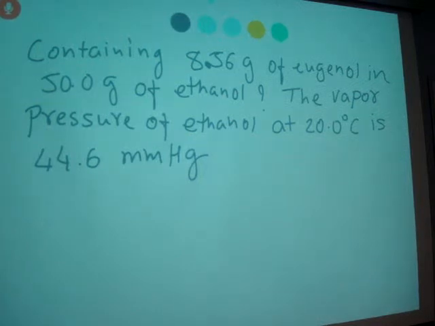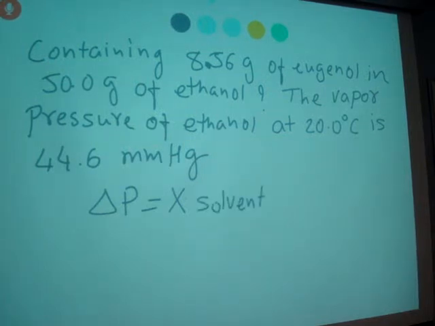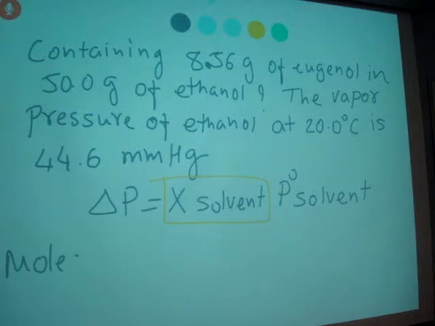What equation are we using? Delta P equals X solvent, the mole fraction of solvent, times P0 solvent. So first we need to find X solvent. In order to find it, we need the moles of solute.